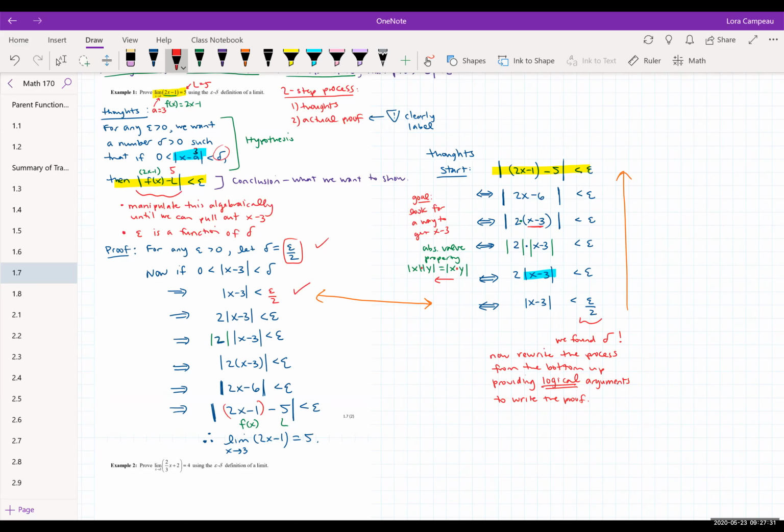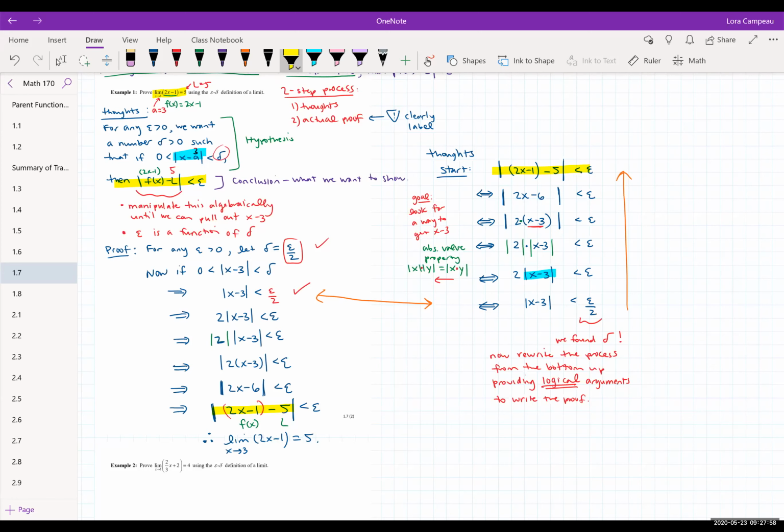Then we work our thought process in reverse so that we eventually get down to showing the conclusion, or what we were trying to prove. And once we have that, you automatically go to the limit notation, so you can rewrite it because that is the precise limit definition. Exciting, huh?